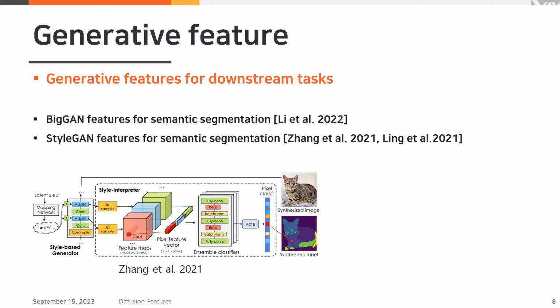The figure is one example, DatasetGAN by Zhang et al., which upsamples and concatenates all the GAN features while generating the image to train an auxiliary MLP model to predict the class label and generate the semantic segmentation. There are some details and additional insight, but the core is simple: get all the features, concat, and train a simple MLP for the semantic segmentation.